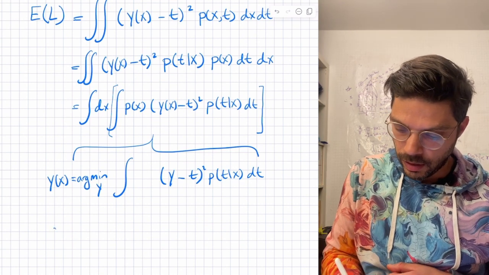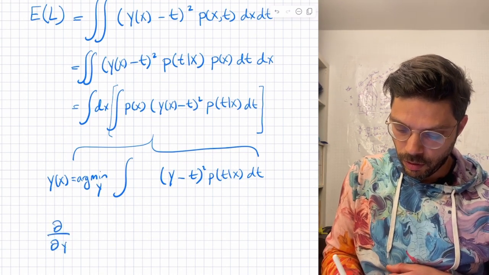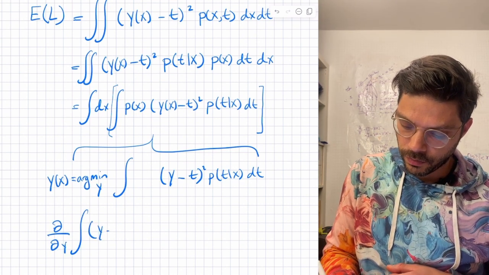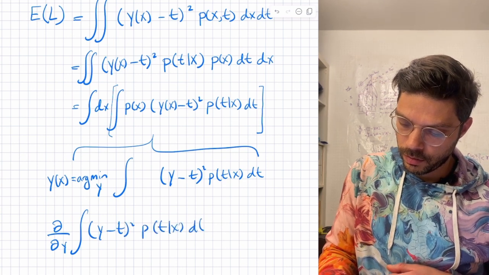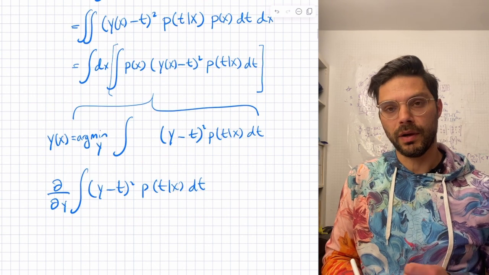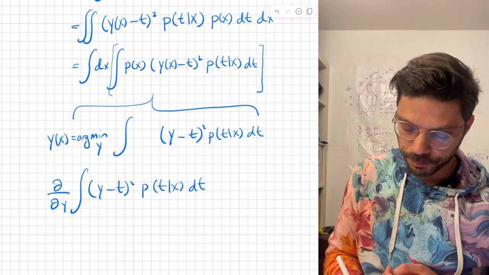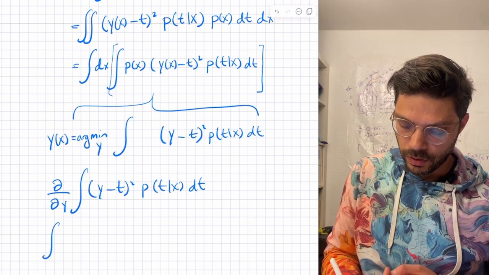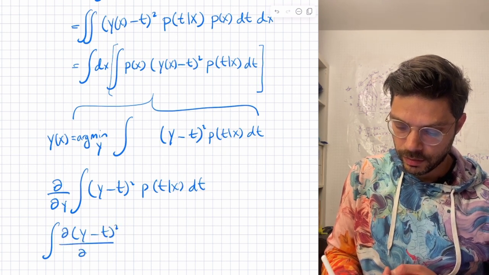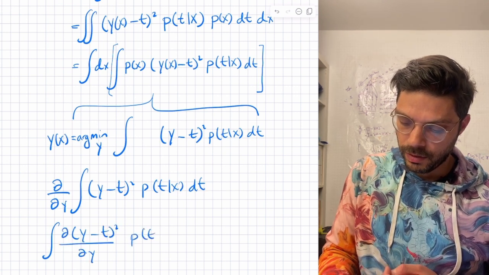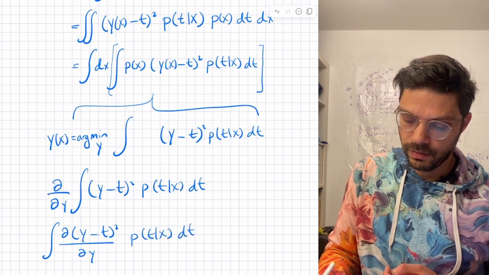So we'll take the derivative with respect to y, and we can just bring it inside the integral. So there is the derivative of y minus t squared, times p of t given x, dt.